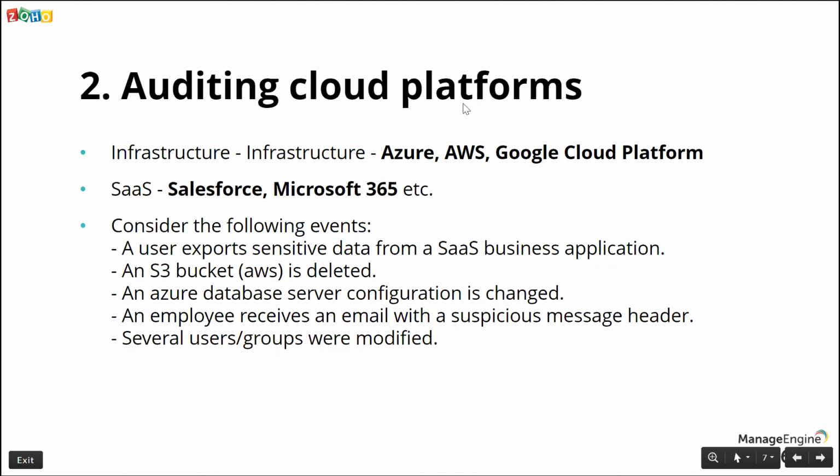So you have specific kinds of controls on your on-premise file server or your database or your Active Directory domain controllers, and a lot of the times organizations don't have that same level of security controls on the cloud.